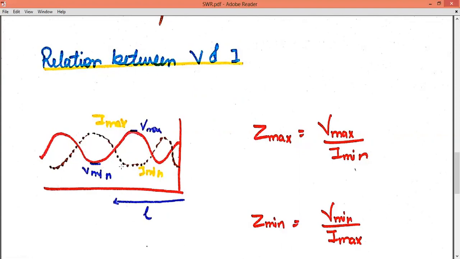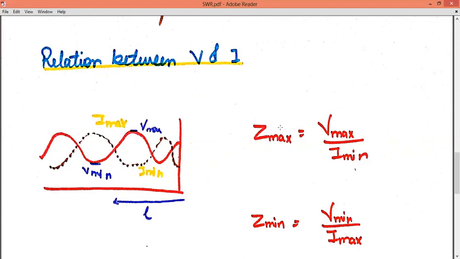Here we are representing Vmax and Vminimum, because a sinusoidal wave has a maximum point and a minimum point also. And the current is here, in the yellow part I wrote I max and I minimum. So here the maximum current will occur and here the minimum current will occur.